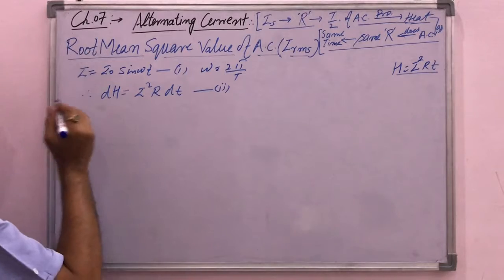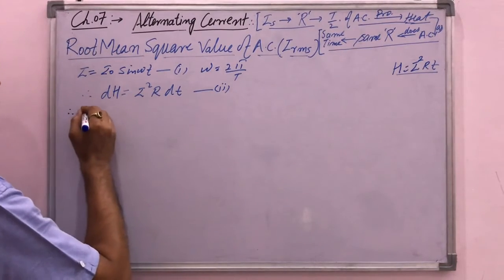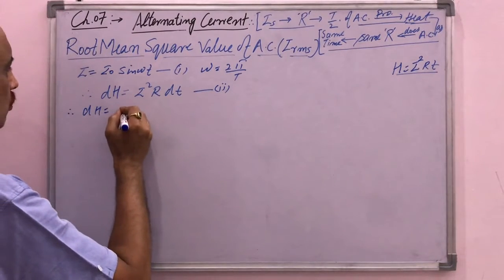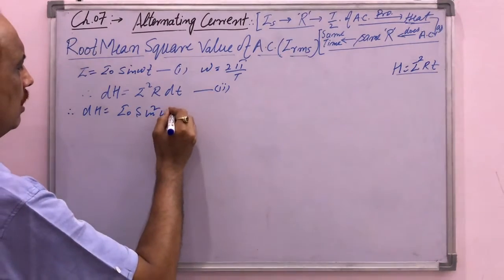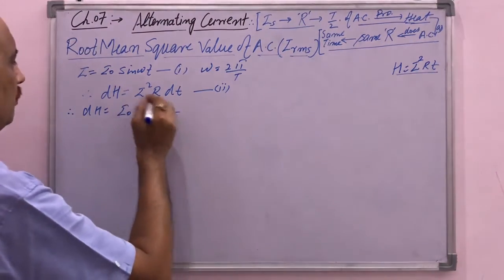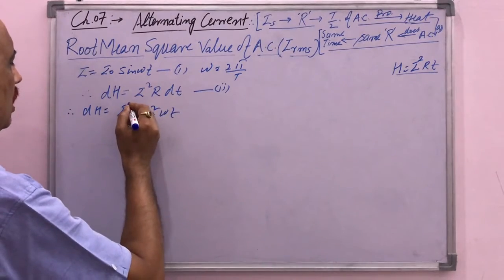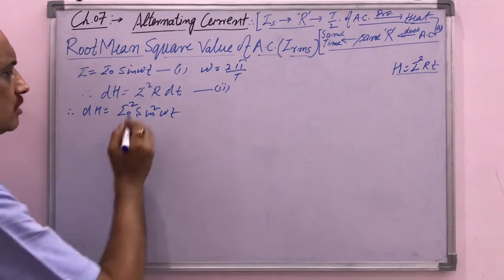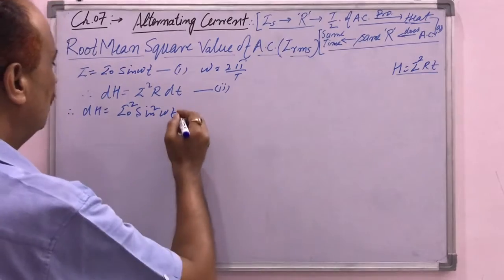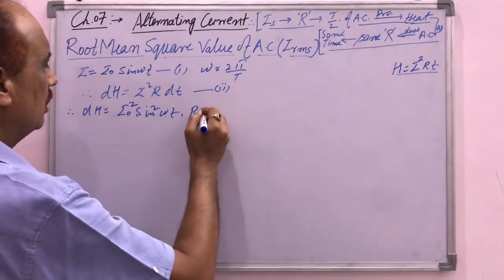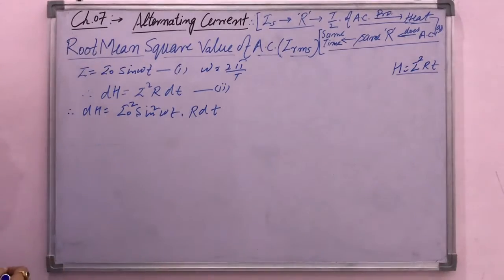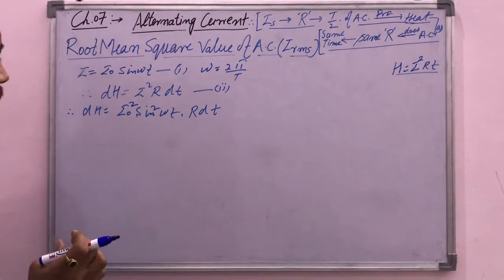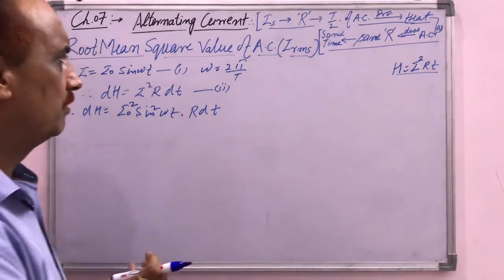Now put the value of I from equation number 1. So dH will be equal to I naught square sine square omega t into R into dt. This is the heat energy produced in a small interval of time.